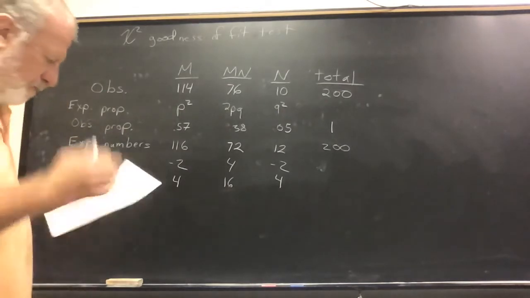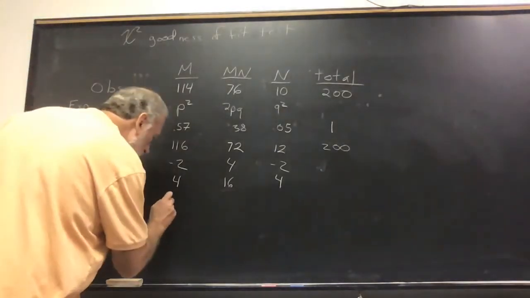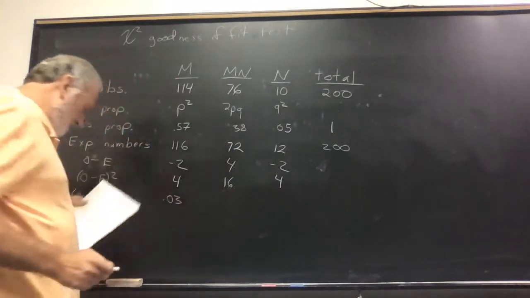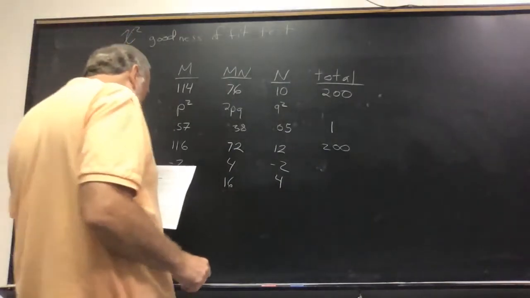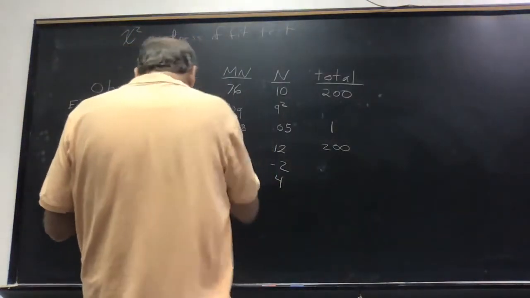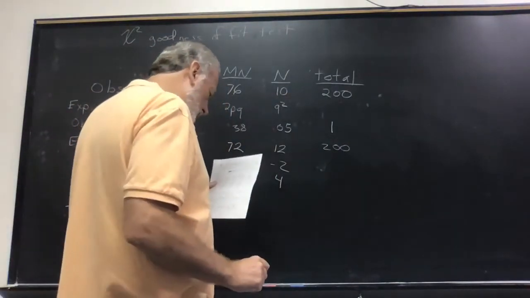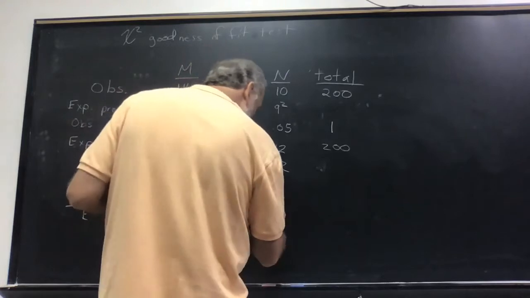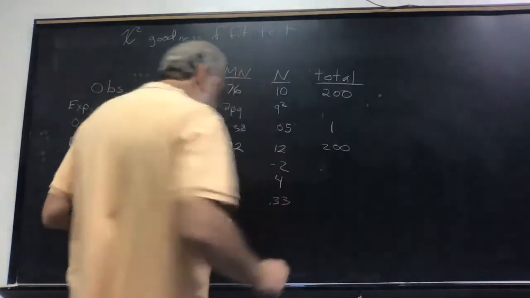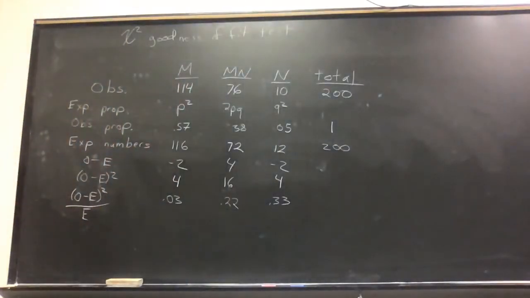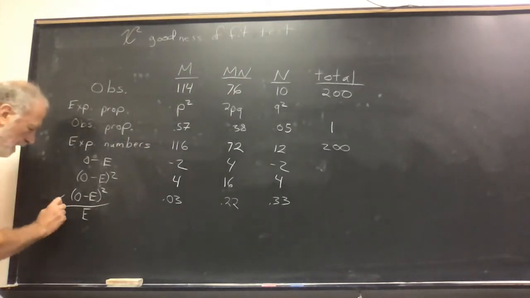So 4 divided by 116 is 0.03. 16 divided by 72, 0.22. And then 0.33 in the last column there, 4 divided by 12. And then you add these together.